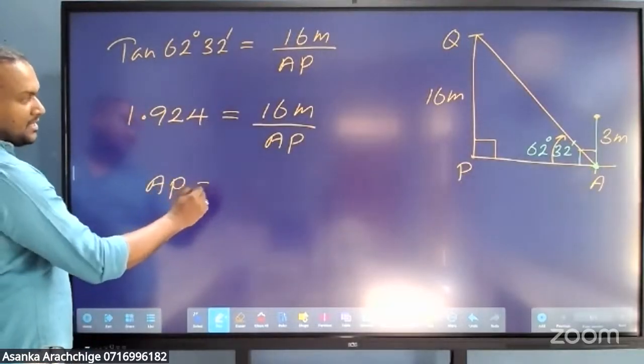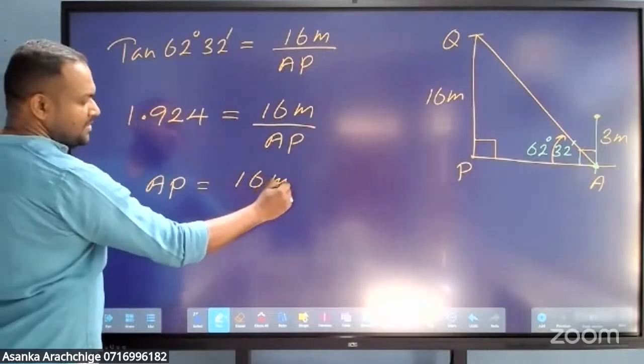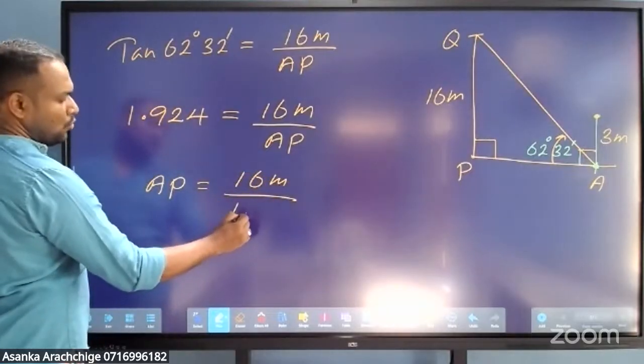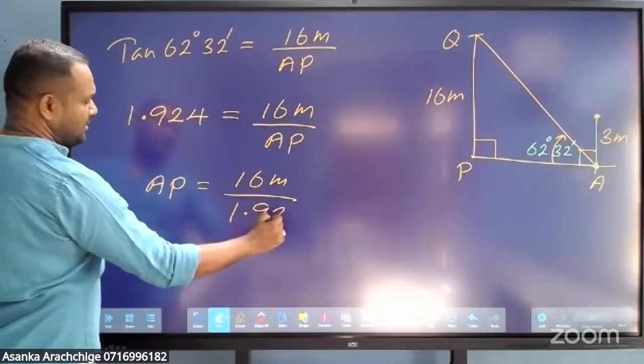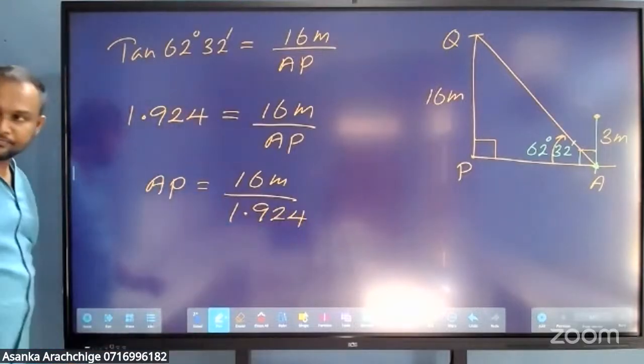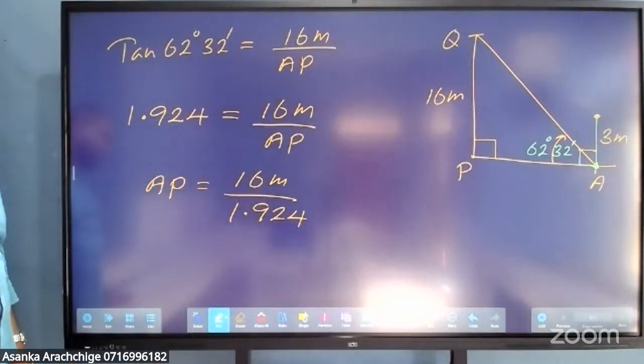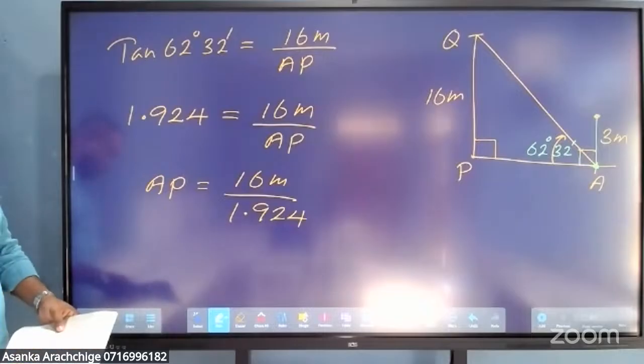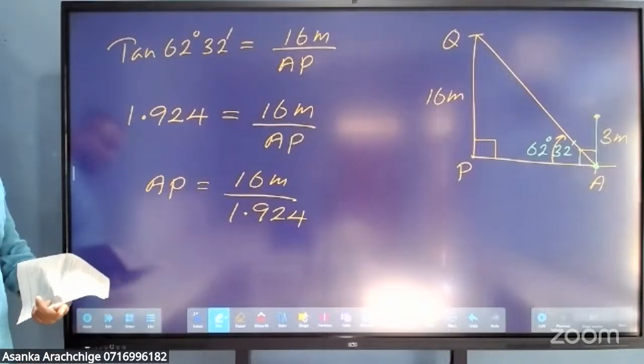AP must be 16 meters divided by 1.924. Correct? No, this division is not going to be easy. Definitely we have to use logarithms.